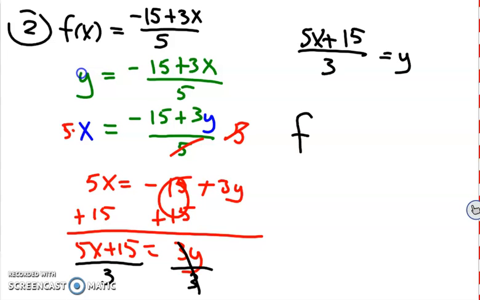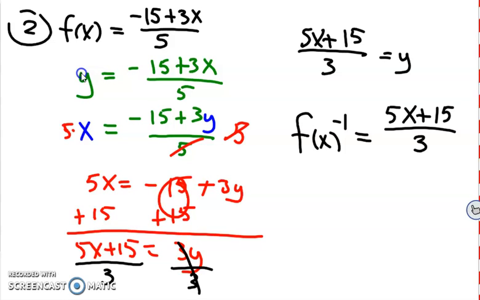I like the final answer written in inverse function notation. So the inverse of f of x is equal to 5x plus 15 over 3. One of the things I want to emphasize before moving on is you look at the original problem, you had negative 15. In the inverse, it's an addition or positive.